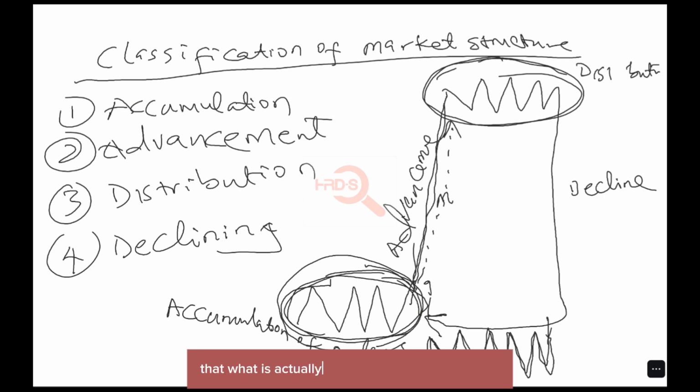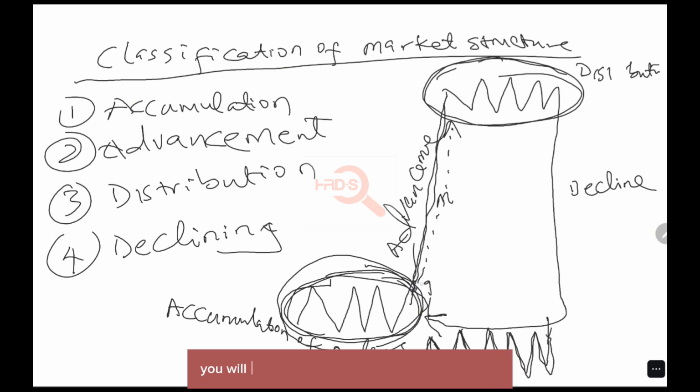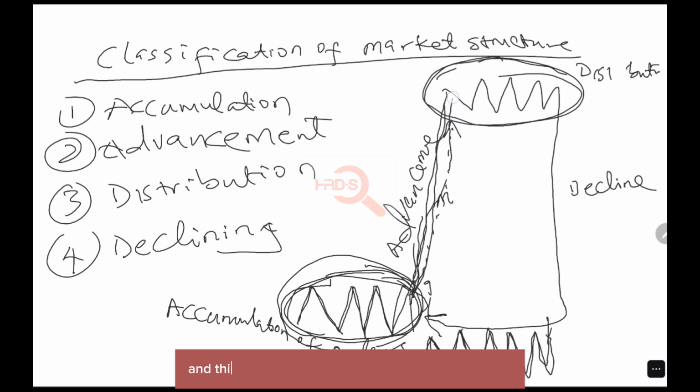What is actually happening behind the scene is that investors are pushing in money, they are showing interest, and the moment they have pushed in enough money to push this market up, you will experience a breakout of this range. All right, this is like a range. You will see a breakout, and this breakout is what we call the advancement stage.